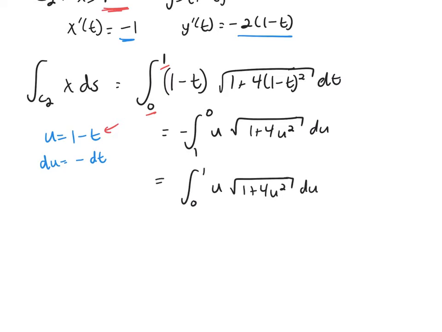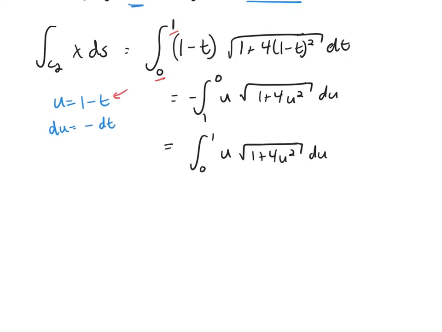I can use another substitution here. So let's say v is going to be 1 plus 4u squared. dv is 8u du.